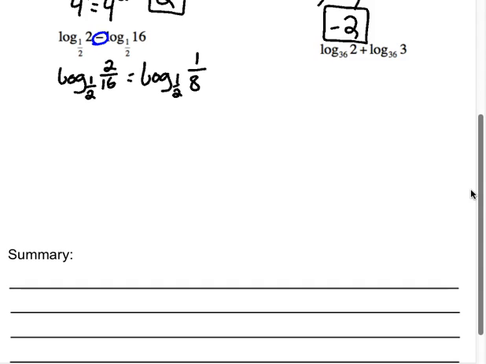Okay, can I evaluate this? So I need to think about 1/2 to what power is going to give me that 1/8. Now, both are fractions, so I actually don't have to worry about the negative exponent piece here. Okay, what I do have to worry about is rewriting that 8 as a power of 2.